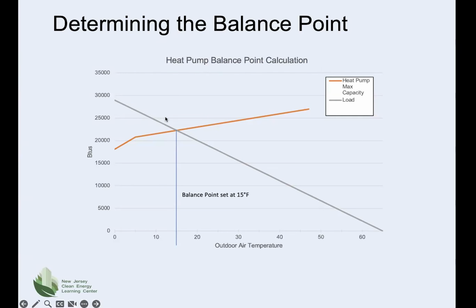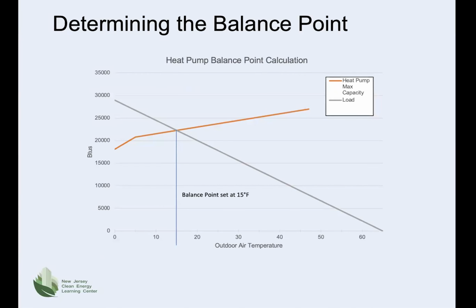The load line is this gray line, and the capacity of the heat pump is shown here in orange. You can see as the outside air temperature goes up, which is along the horizontal axis, the capacity of the heat pump goes up. As the temperature goes down, the capacity of the heat pump begins to diminish.